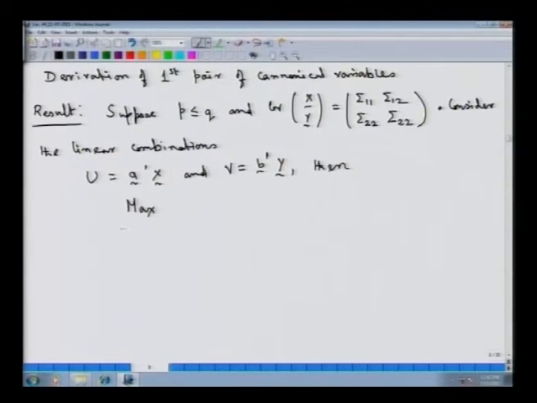the maximum over A and B of the correlation between A prime x and B prime y, let us denote that by rho 1 star.